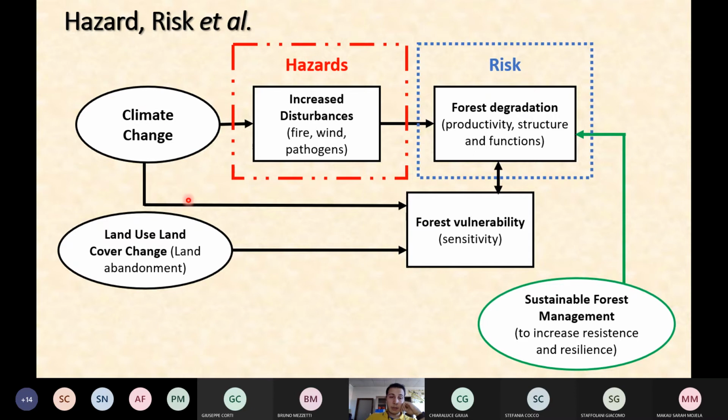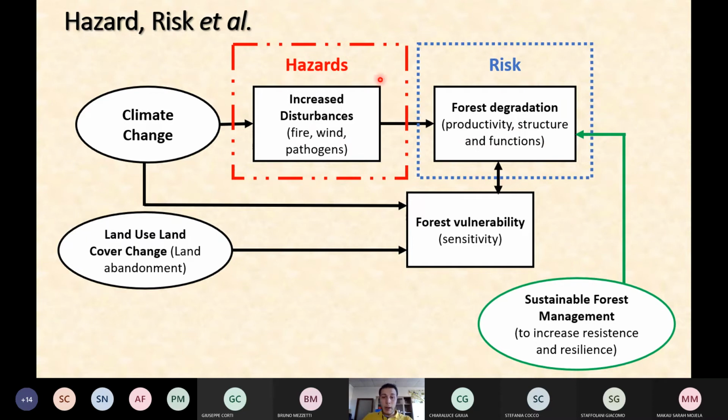In addition to the climate change, the land use and cover change, that can be defined as a land abandonment or a management withdrawal, can increase the vulnerability of the forests and, with the increase of the disturbances, can cause the forest degradation that can involve change processes that affect the characteristics of the forest, such as the structure, the productivity, and the functions.